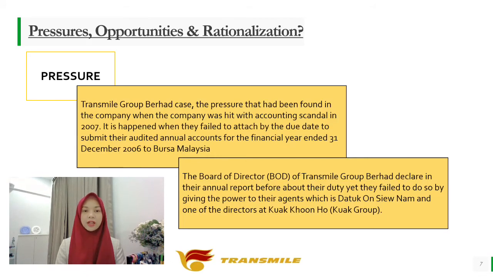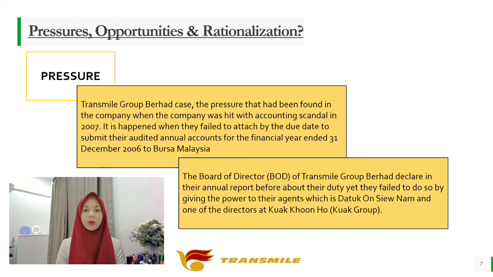The first part of the fraud triangle is pressure. A common incentive for companies to manipulate financial statements is a decline in the company's financial prospects. Based on the Transmile Group Berhad case, the pressure found in the company arose when it was hit with an accounting scandal in 2007.